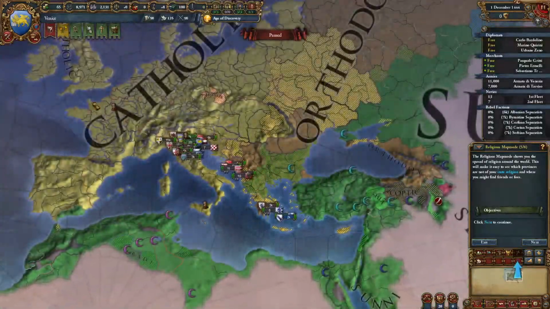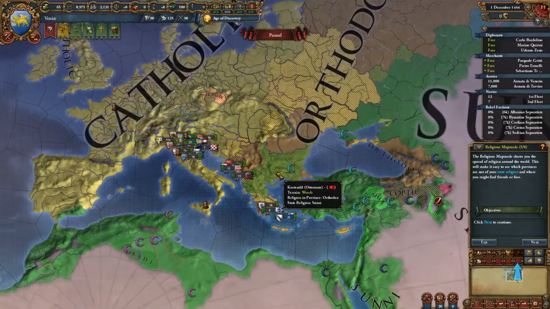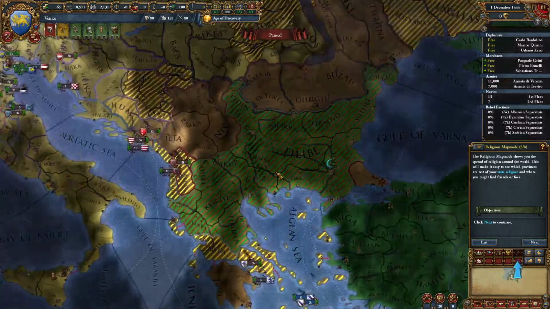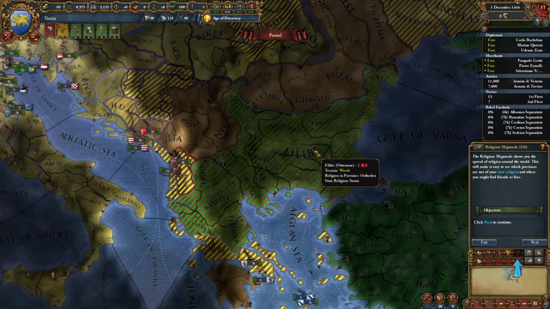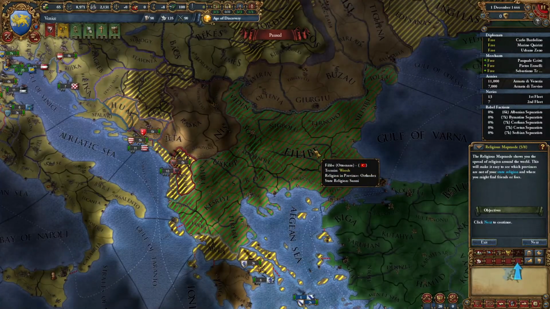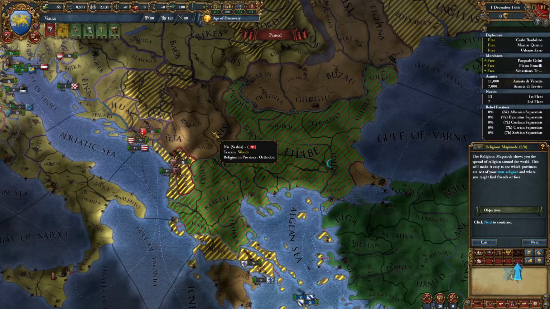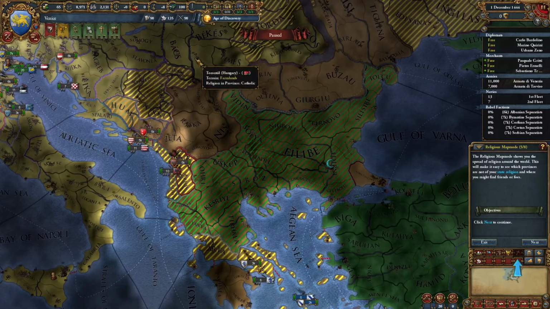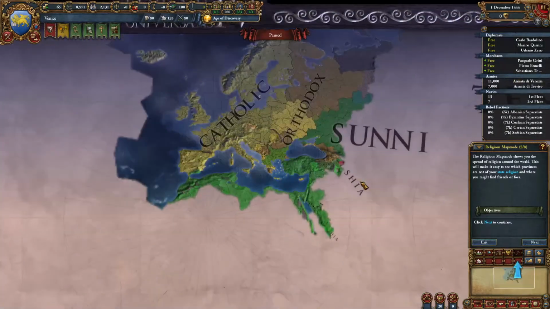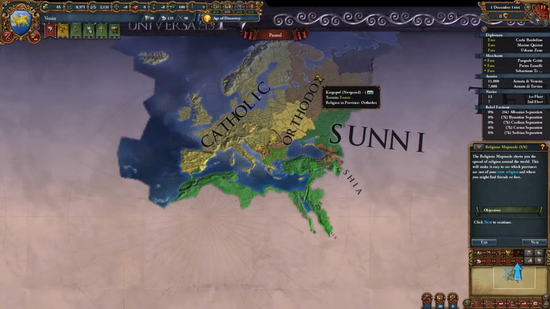Well, actually it is all of Europe, with religious provinces, Orthodox, okay. Orthodox and Catholic. Orthodox is a huge area as well.